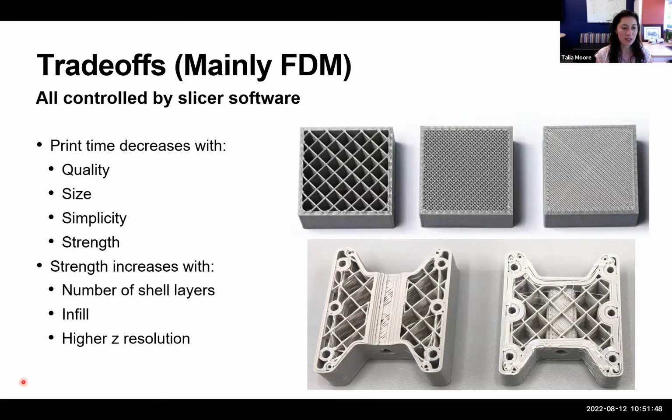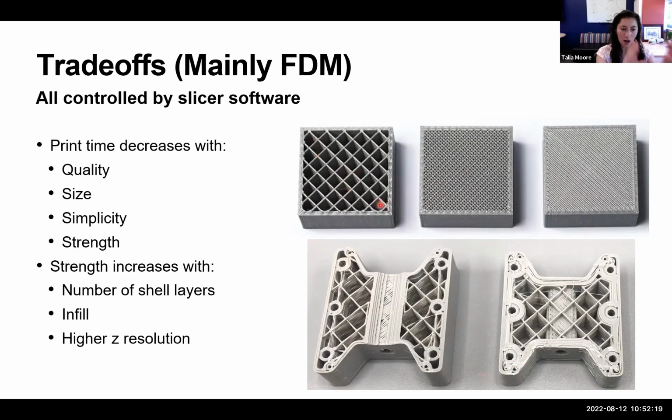Strength increases with number of shell layers. If you look at the very bottom part of this slide, with those two pieces, the one on the left has fewer shell layers. You can see the outline there is a lot thinner. And then the one on the right has many more shell layers. So that's going to take a lot longer to print, but it's going to be a lot stronger. On the top image, we have infill.